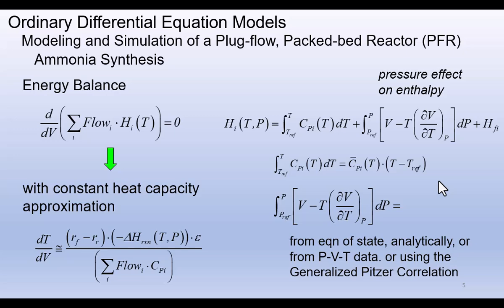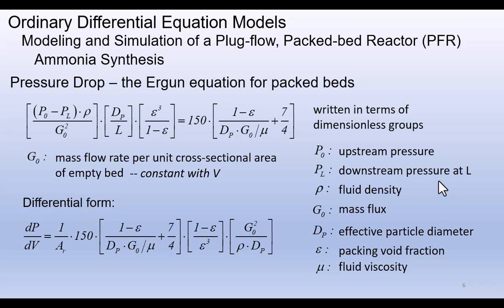And so we'll come back to that in a moment here, but we're going to go along and look at momentum balance in terms of modeling the pressure drop through a packed bed. And a typical method for doing this is something called the Ergun equation, which you may have run into in your past experience with fluid mechanics.